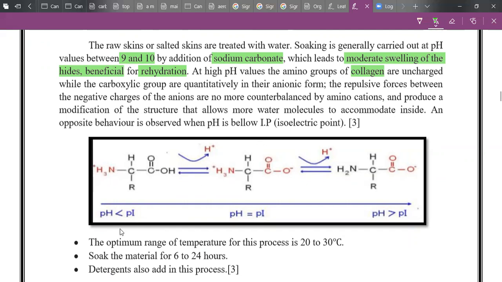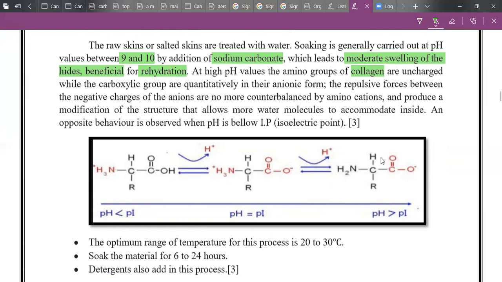pI means point of isoelectric and IP means isoelectric point, so both are the same. When the pH is less than the isoelectric point, the amino group is unchanged. When the pH is equal to the isoelectric point, we observe that they have the same number of positive and negative charges. When pH is greater than the isoelectric point, the proton is removed from the amino group.